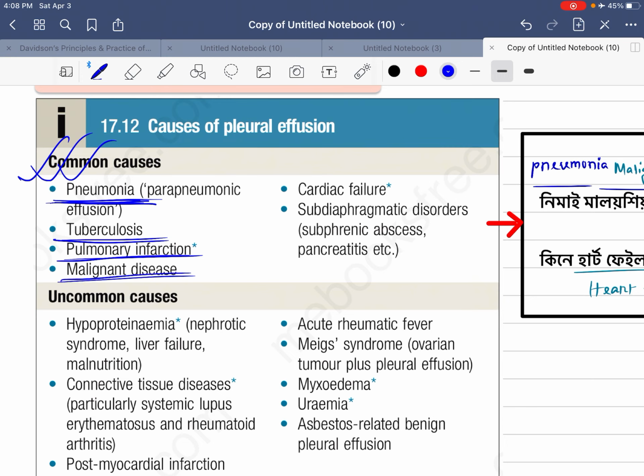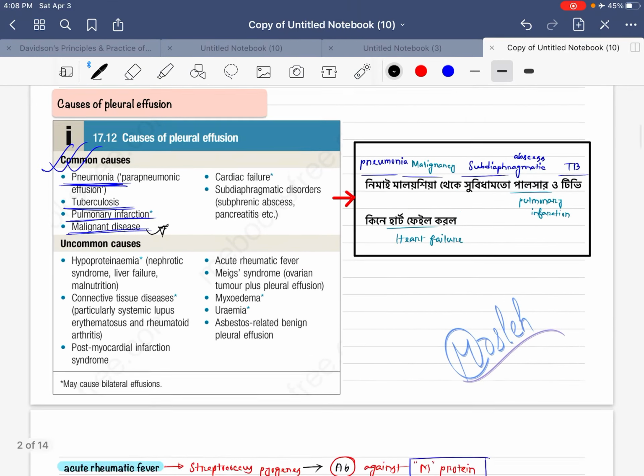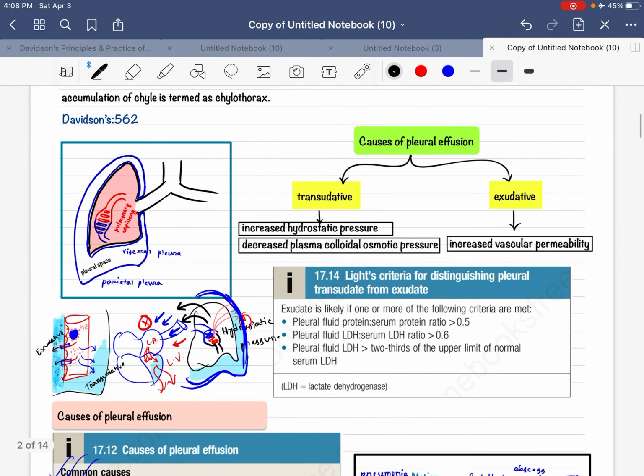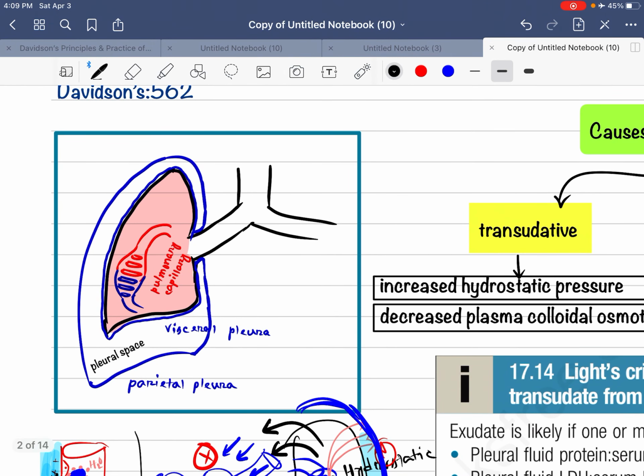Next one is malignant disease. This is one of the important things. You have to know that malignancy also induces inflammation, and here malignancy actually indicates mesothelioma, that means malignancy of the pleura. Whenever there is malignancy within the pleura, look at the figure, here you can see clearly the pleural cavity. You know that the pleural cavity is constantly drained by lymphatics.